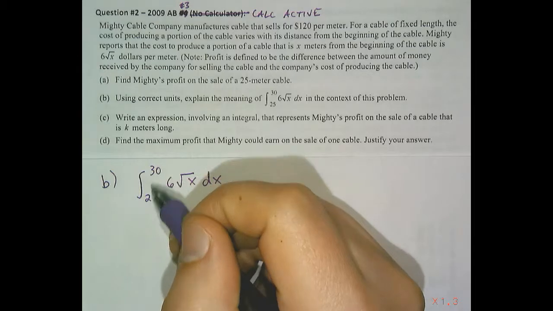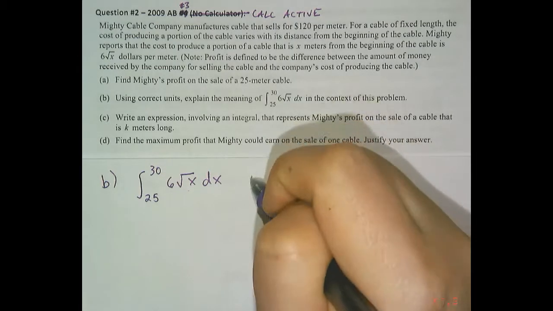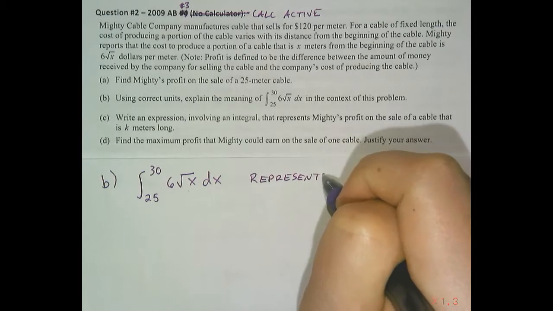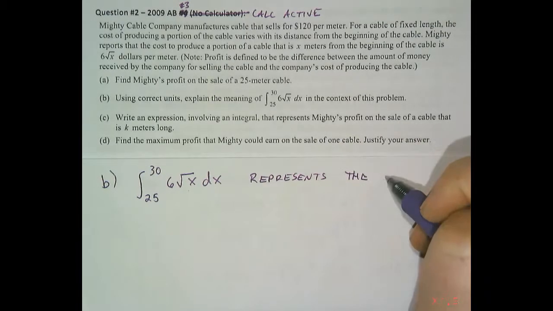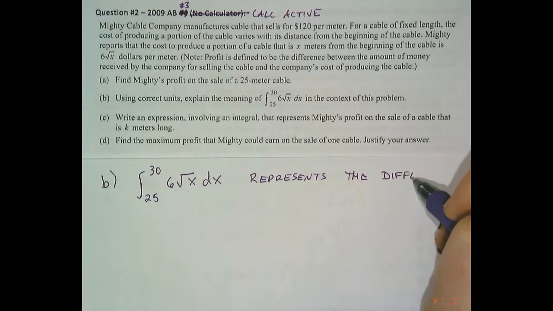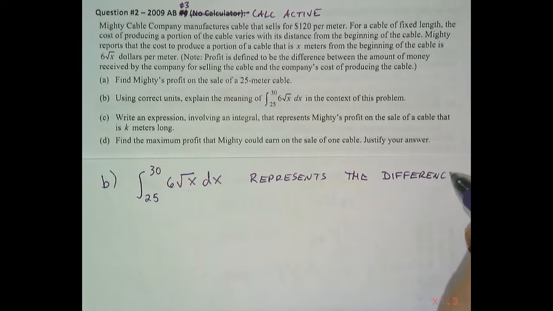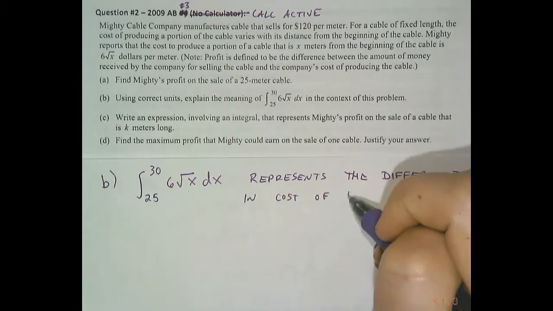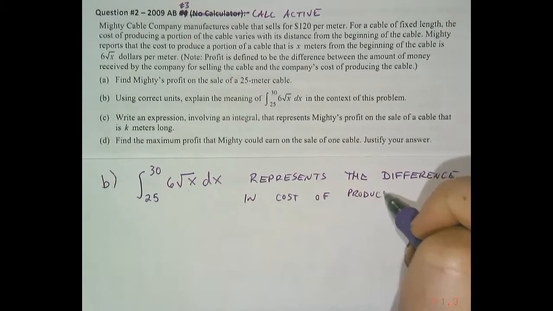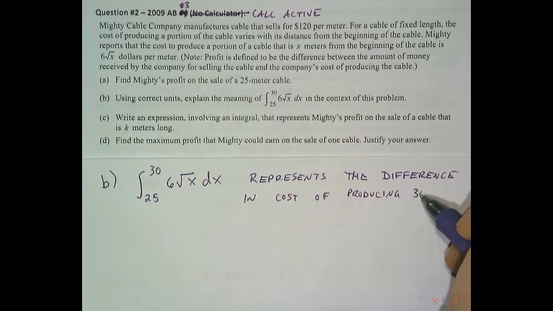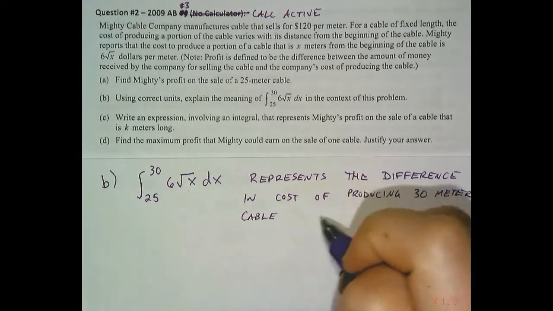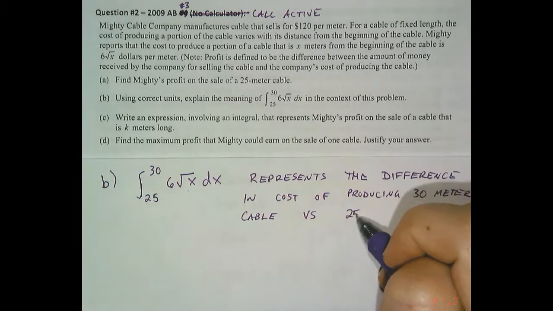So integrating from 25 to 30 represents the difference in cost of producing a 30-meter cable versus a 25-meter cable.